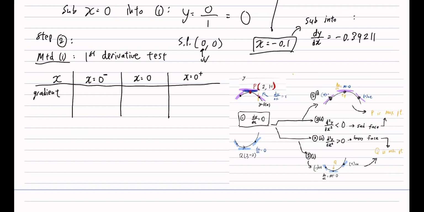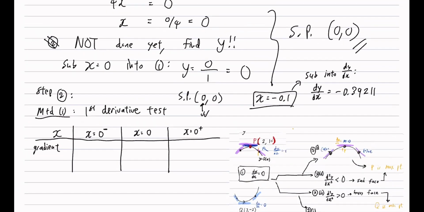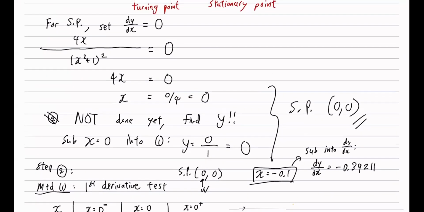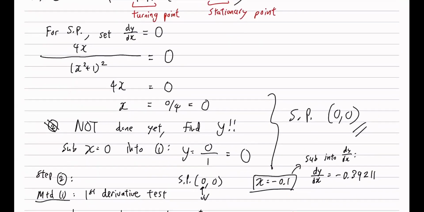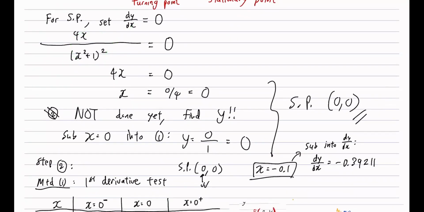I apologize. dy by dx is this: 4x over x squared plus 1, bracket squared.